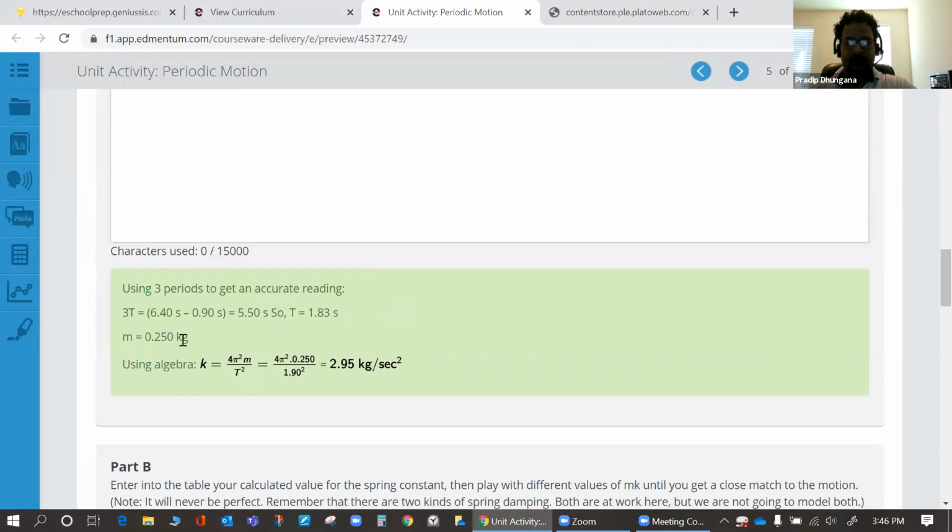Mass is 0.25 kilogram. And using algebra, we can define k is equal to 4 pi squared m over T squared. Substitute those values and calculate spring constant. That is around 2.9 kg per second squared. Okay. So I'll pause here for some time. If you have any question, please let me know.